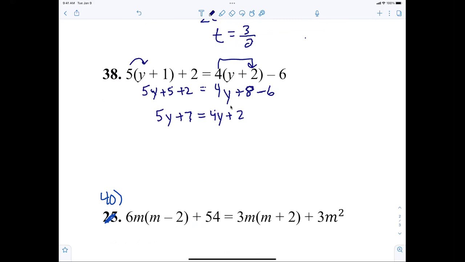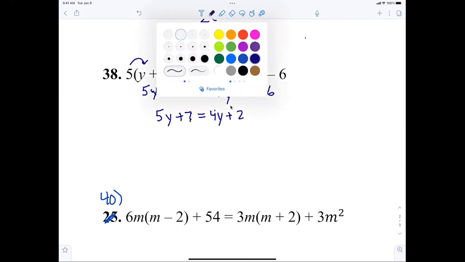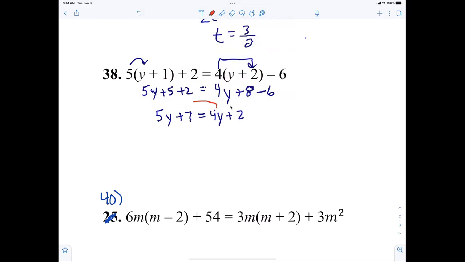Wait, then what do I get for this? Now, this is where you want to combine terms. So listen to me. This y, yes, but you wouldn't add though, because it's a plus 4 over here. So I would subtract. Yes, so I want you to subtract 4y. I want to move this 7 over to the other side. So what do I do with that? The plus 7, how do I move it to the other side? Subtract. Yeah, it's always the opposite.